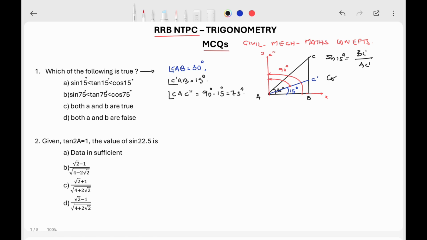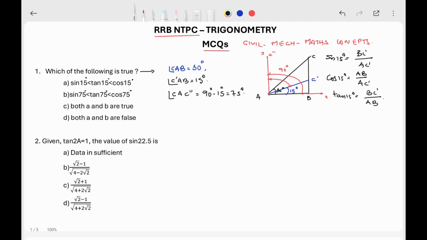What is cos 15? Cos 15 is equal to adjacent side by hypotenuse, AB by AC dash. What is tan 15? Tan 15 is opposite side by adjacent side, BC dash by AB.